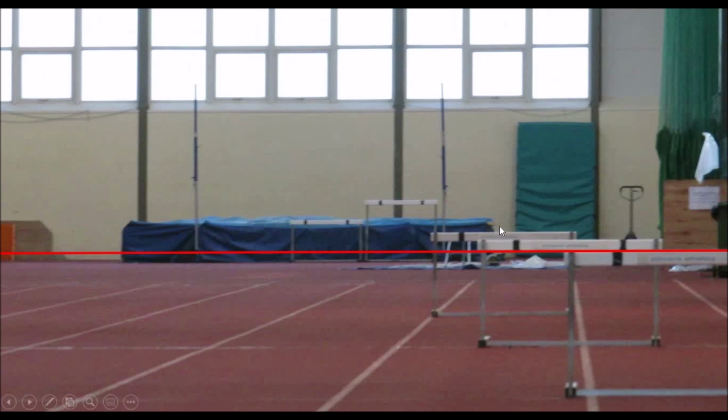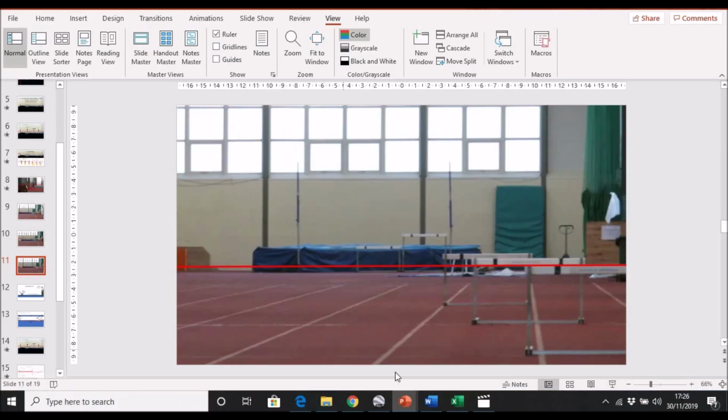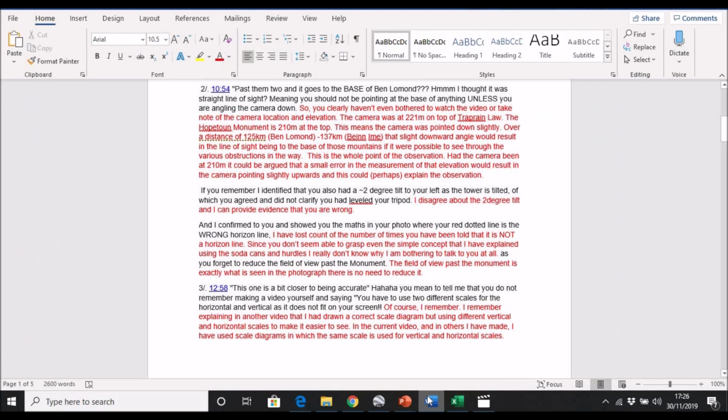Here we have the camera above the height of the hurdle in the foreground, and all the hurdles, the ones that are the same height and the taller one, appear above the red line, just as they're predicted to do on this flat surface of an indoor athletics track. Hopefully, you get it now, Gleem.